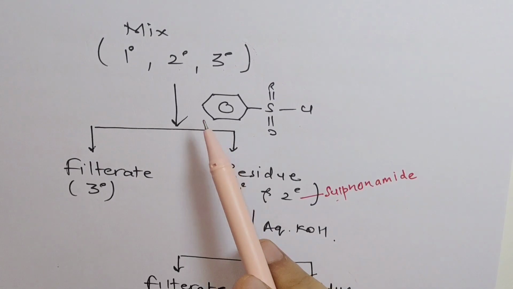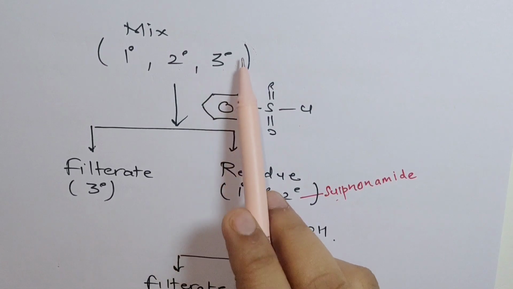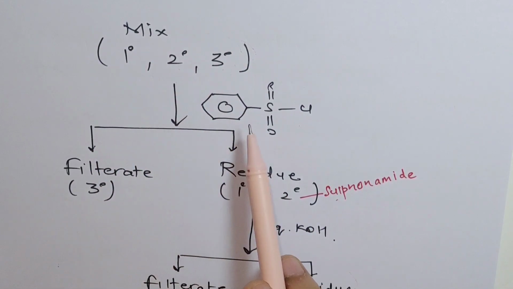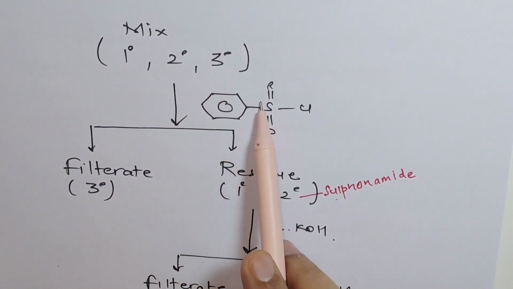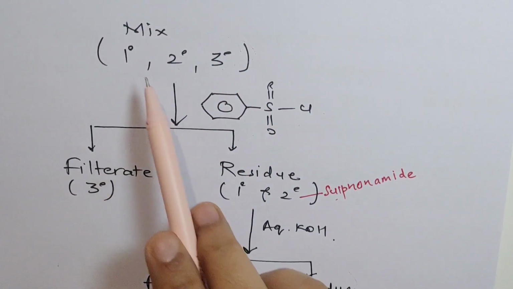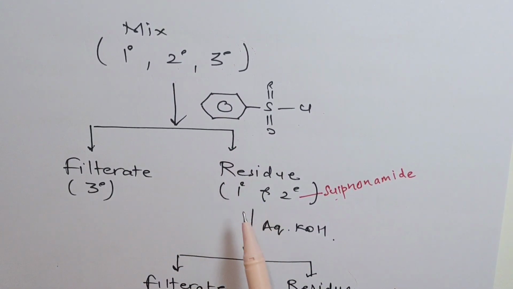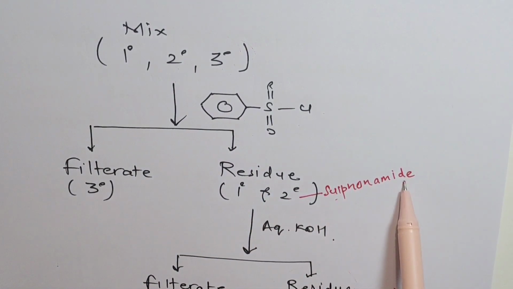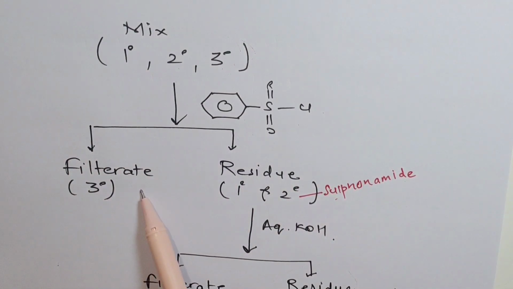So how do we use that knowledge to separate primary, secondary, and tertiary amines? If we have a mix of that, we treat it with benzene sulfonyl chloride, and we know that tertiary amine would not react with it, so would remain in the solution, but primary and secondary amines would react and form precipitates of primary and secondary sulfonamide. Now these precipitates would be mixed together, but we at least separated the tertiary.